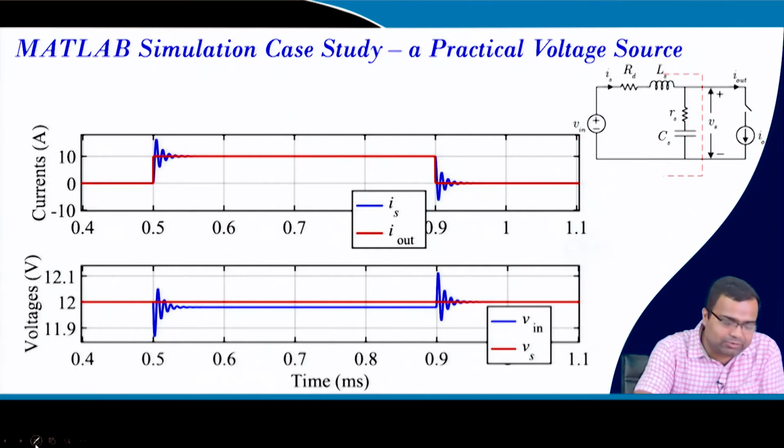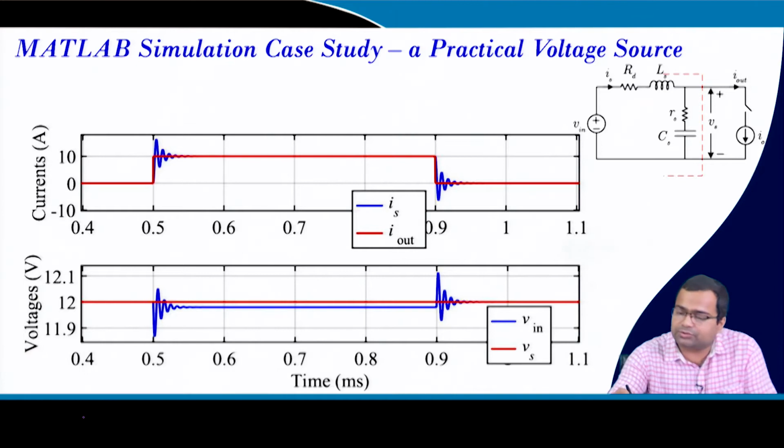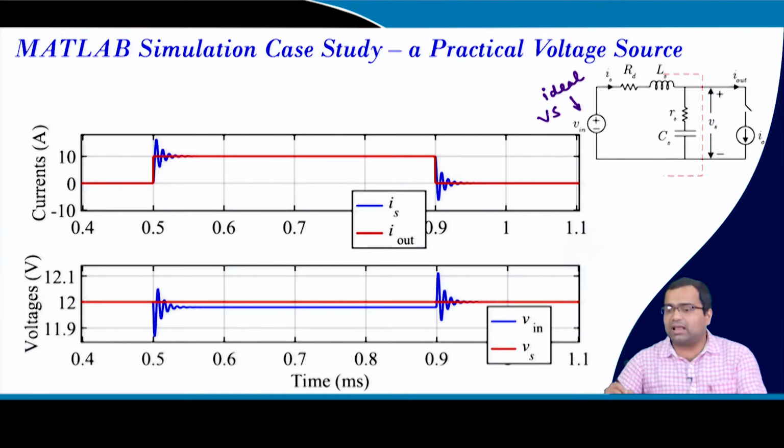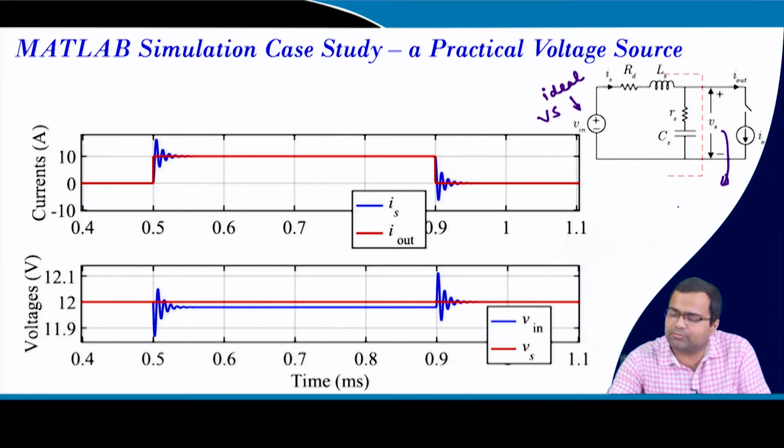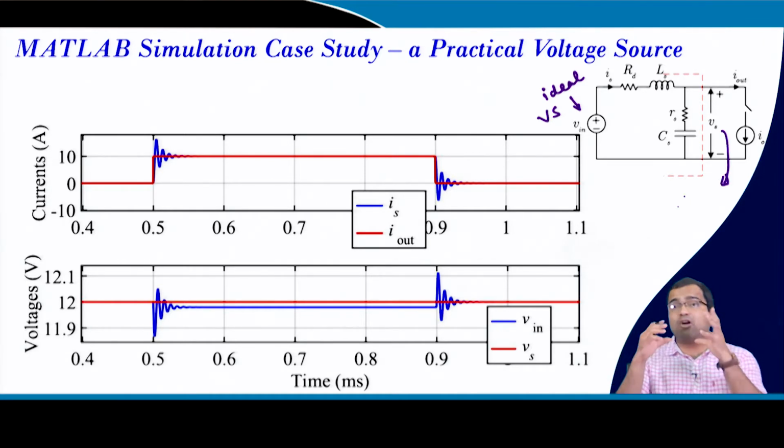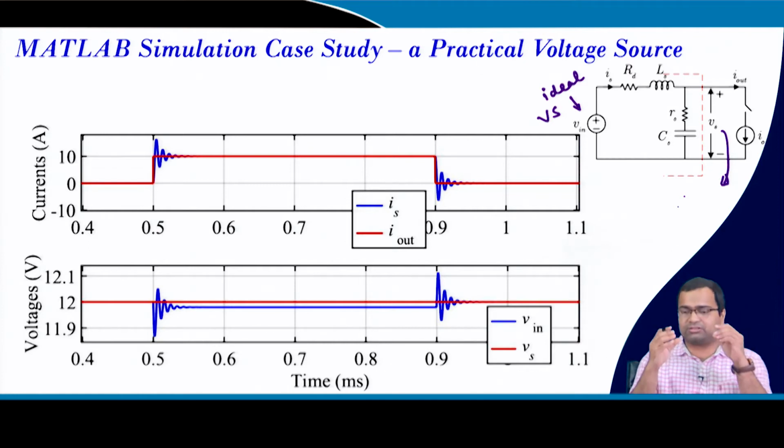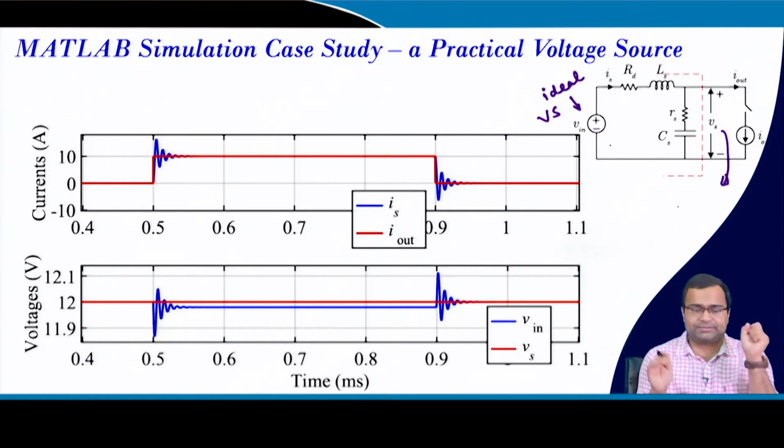So, this is an ideal voltage source, and this Vs is the actual output of a practical voltage source. So, we are considering an ideal voltage source with its output impedance.